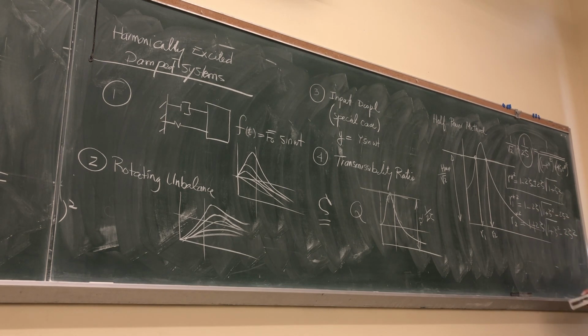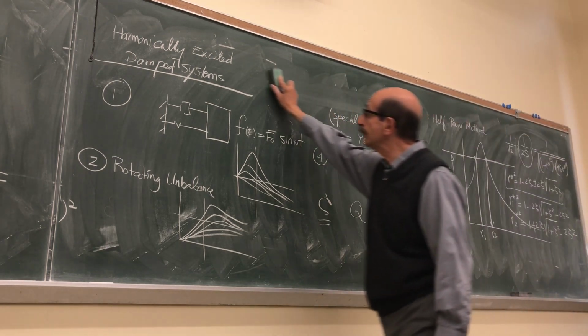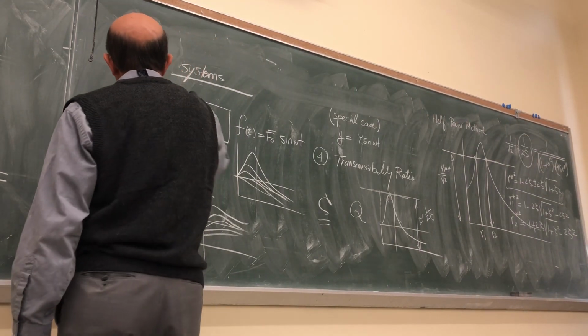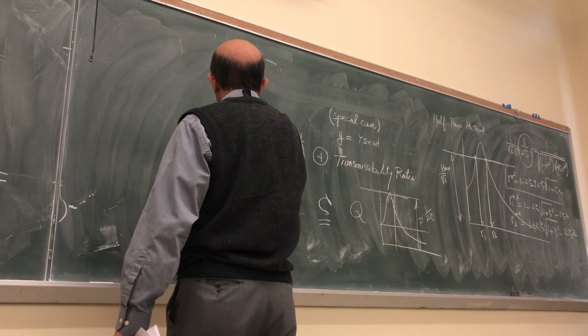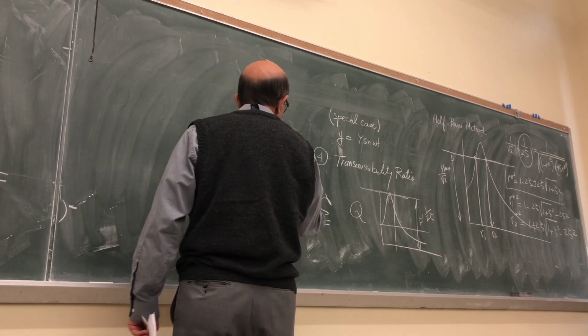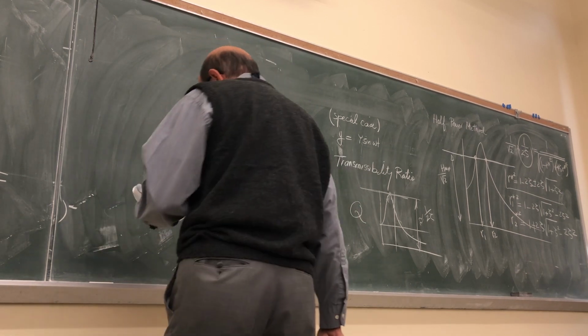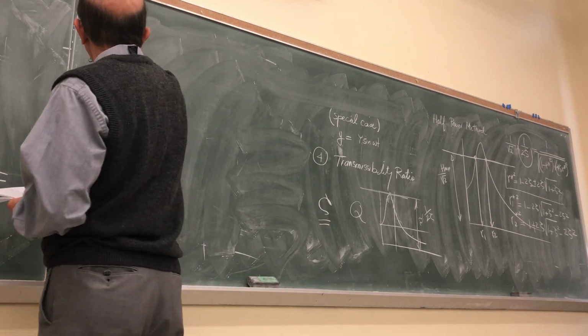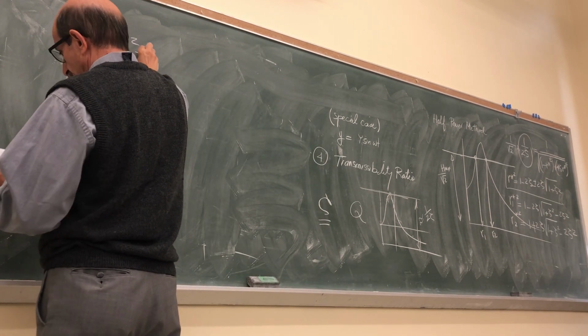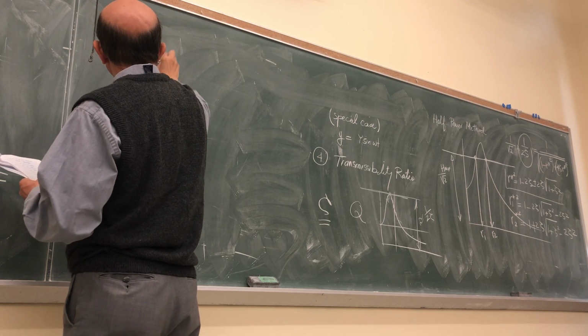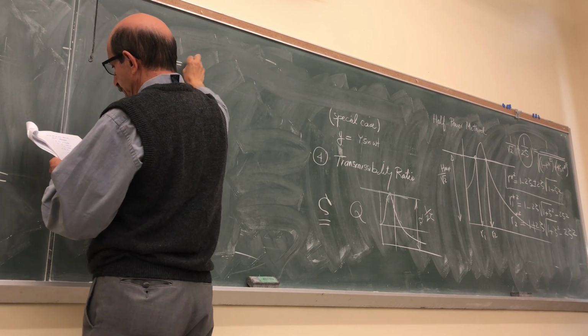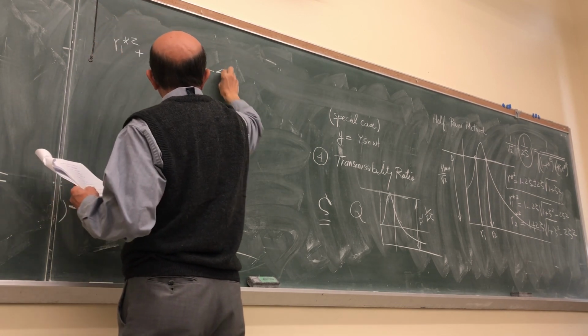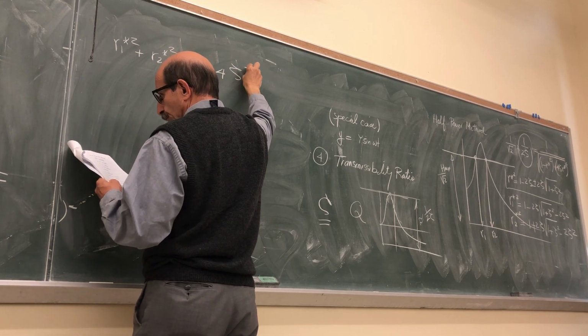If you look at these two, what we want is to find R1 and R2. If you look at those two roots and add them, you see that R1 squared plus R2 squared would be 2 minus 4 zeta squared.